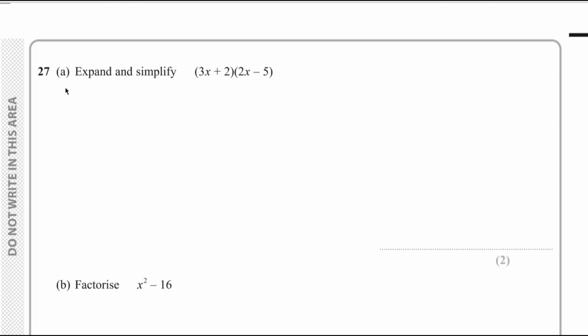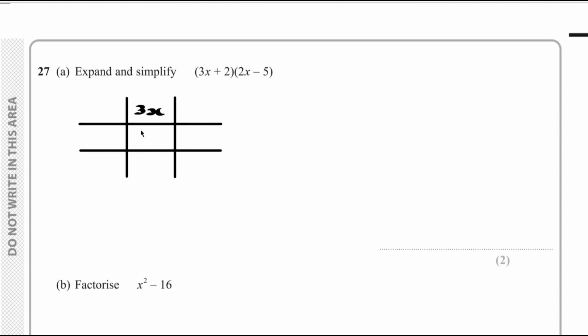Question number 27, part A. Expand and simplify 3x plus 2 times 2x minus 5. We can use the grid method to help us. 3x plus 2 I can split up as 3x and 2, and 2x minus 5 I can split up as 2x and minus 5. So let's multiply using the grid method. 2x times 3x is 6x squared, 2x times 2 is 4x, minus 5 times 3x is minus 15x, minus 5 times 2 is minus 10.